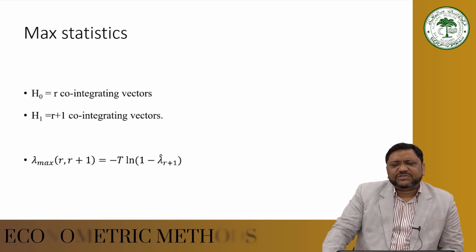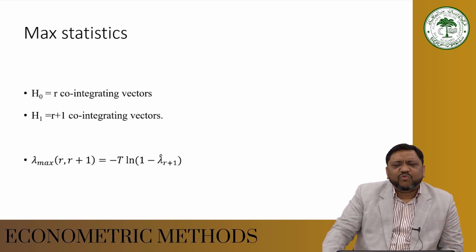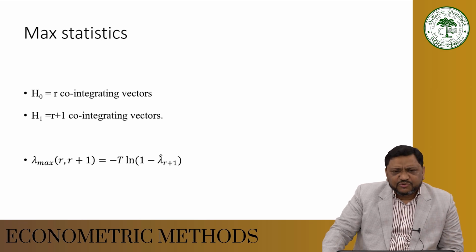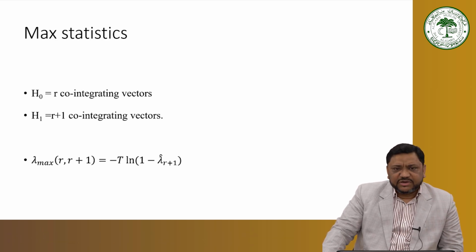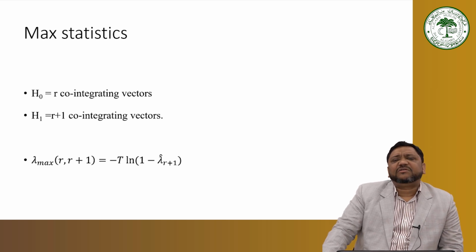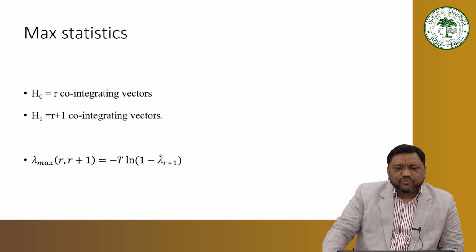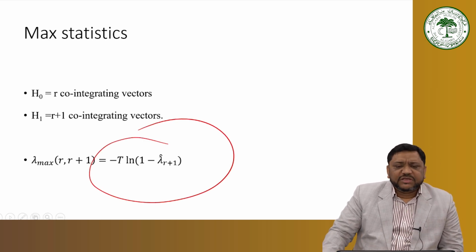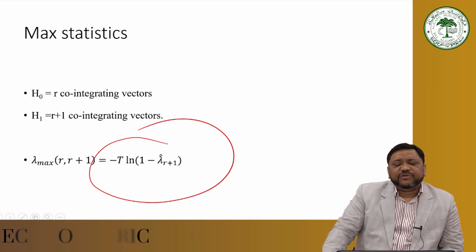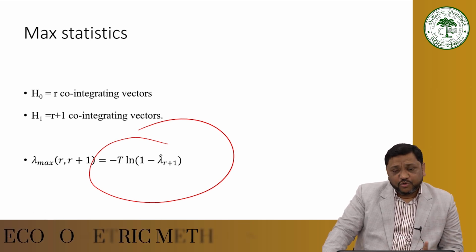Suppose we obtain the characteristic roots denoted by lambda 1, where lambda 1 is greater than lambda 2, and lambda 2 is greater than lambda 3, and so on up to lambda n. If the variables under examination are not cointegrated, the rank of this pi matrix is 0 and all the characteristic roots will be equal to 0. Therefore, 1 minus lambda hat i will be equal to 1, and since ln 1 in the formula is equal to 0, each of the expressions will be equal to 0 for no cointegration.